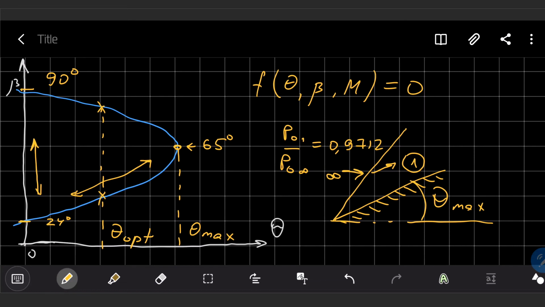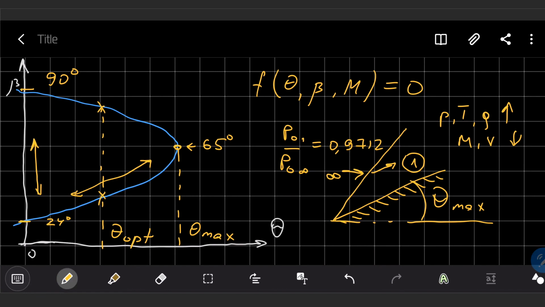And you have to remember that all thermodynamic properties, pressure, temperature, density, have to increase from one shock wave to another. Just the Mach number and the velocity decrease.